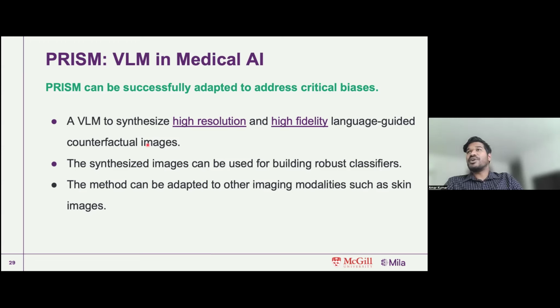We also showed in the paper that they could be used to build classifiers robust to confounding factors, and robust even for disease classification. And we also showed that this worked on a different modality, skin images. For the purpose of time, I have skipped skin images, but it's also available in the paper. So if you're interested, do check it out.